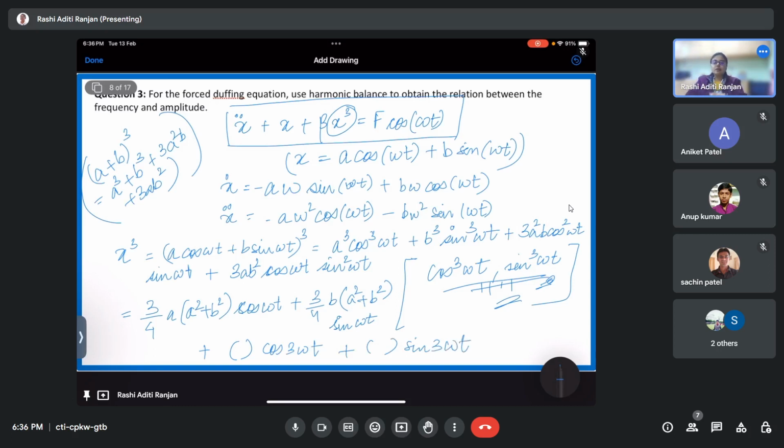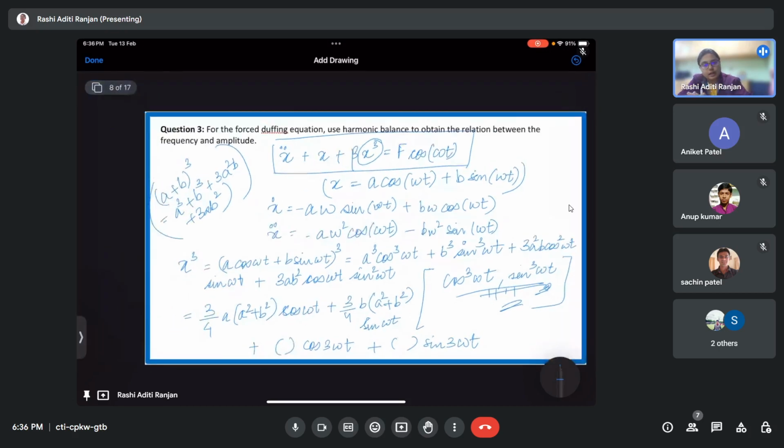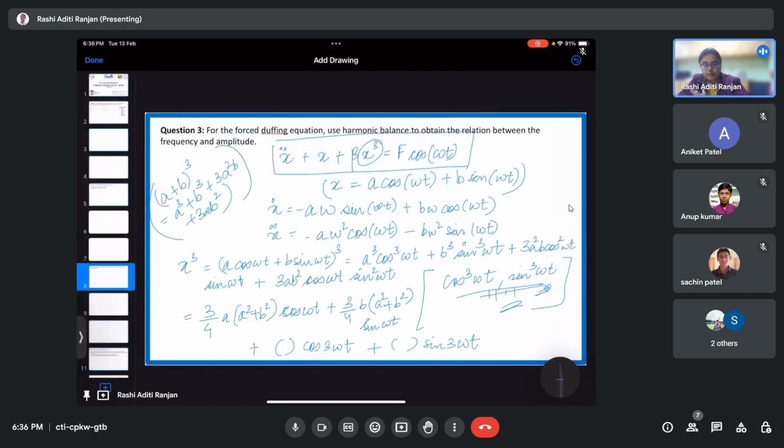So up till now, you must have understood that we are using the harmonic balance method. What we are doing is using the harmonic balance method, and for now we are neglecting the third harmonics.